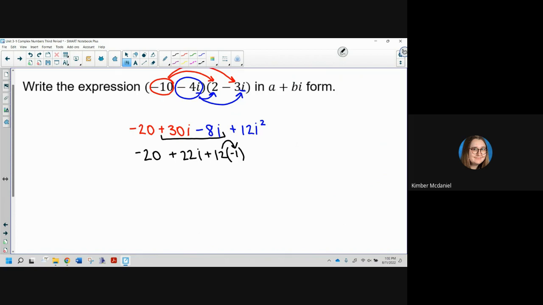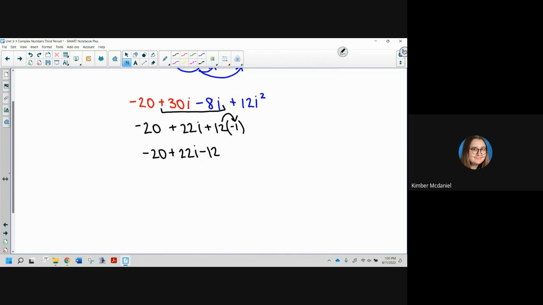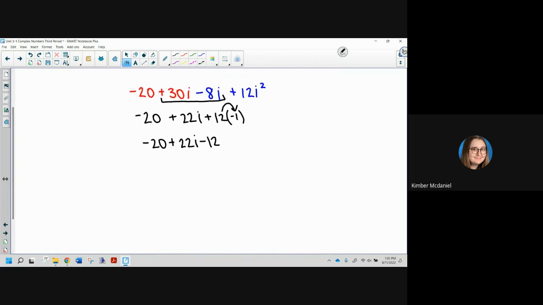You are multiplying it, okay? So we're going to have negative 20 plus 22i minus 12, because positive 12 times negative 1 is negative 12. And then from here, combine your constants. So negative 20 minus 12, either in your head or on your calculator, gives us negative 32 plus 22i.